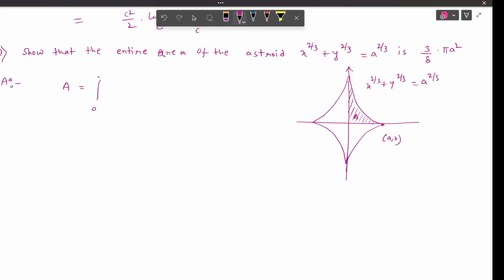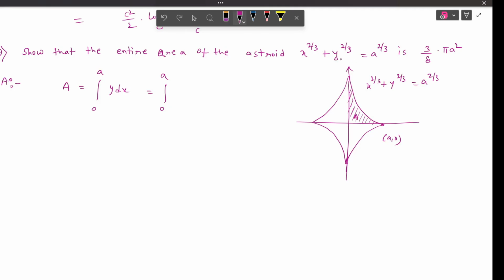This area would be integration 0 to a. And if you want to know how we get this a comma 0, if we need the x intersection, put y equals 0. So if you put y equals 0 here, you will get x equals a. This would be y dx, now 0 to a.